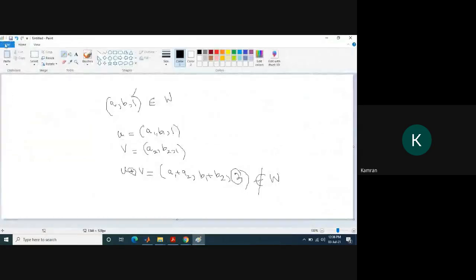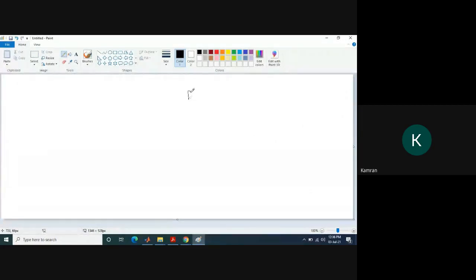For example, if we consider P2, it contains polynomials whose degree is less than or equal to 2, such as t, 1 plus t, and 1 plus 2t plus t square.